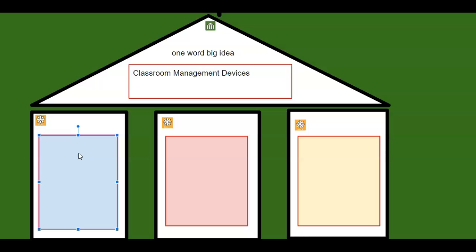Now, the subtopics that I'm going to choose today have to be subtopics of classroom management devices. So I'm going to pick 3 different classroom management devices: the freeze ray, the age accelerator inator, and the Megaminds D-Gun.